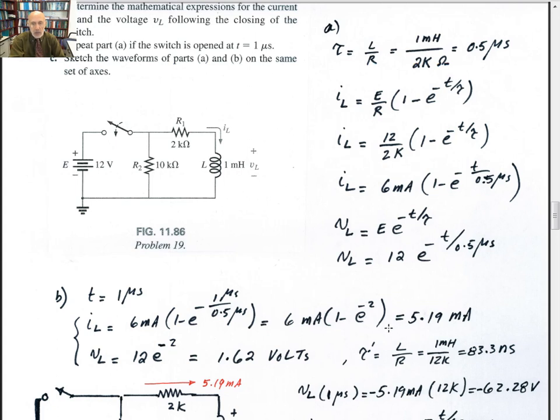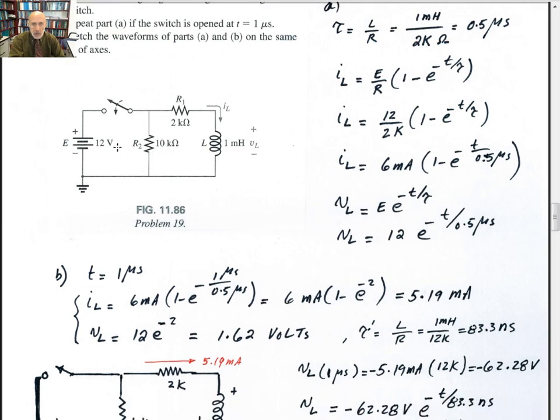So the current already dropped to 5.19 milliamps. The voltage across the coil is 12 e to the minus 2, dropping down to 1.62 volts.